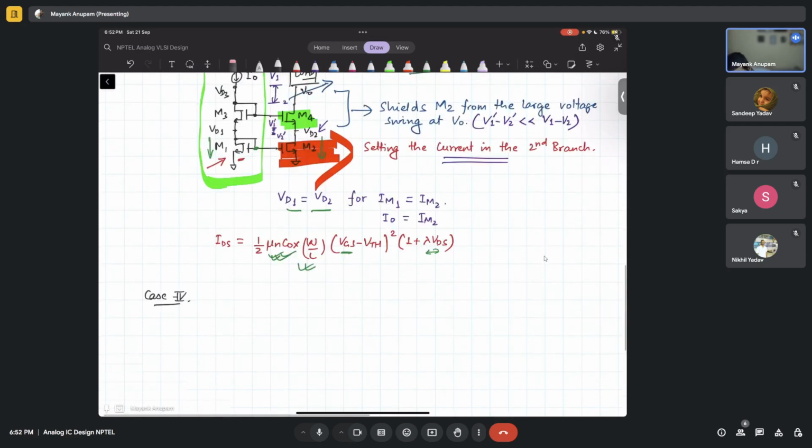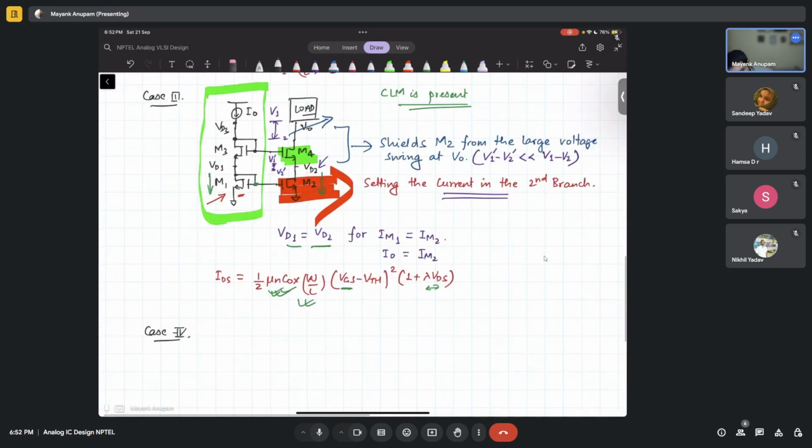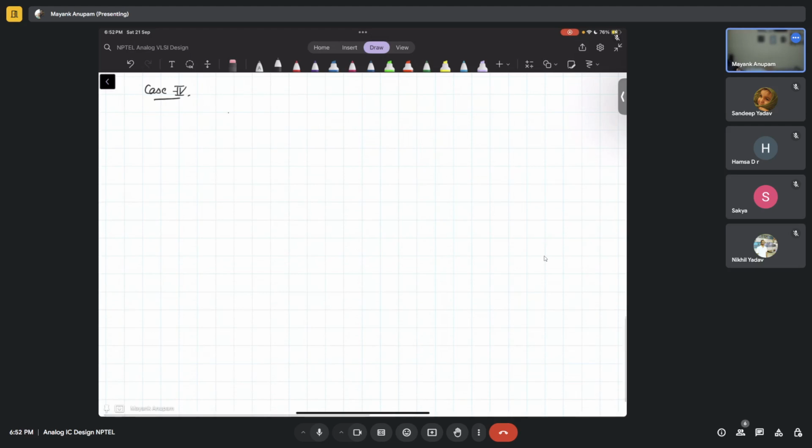You want to make an even better current mirror. What will you do? You can do this. The thing that was given in your assignments also.